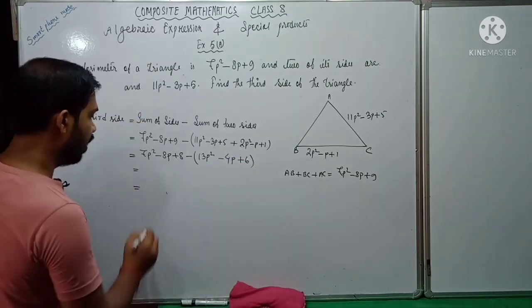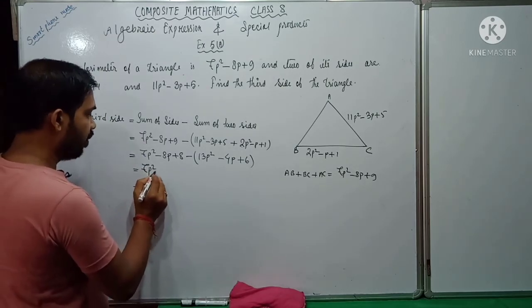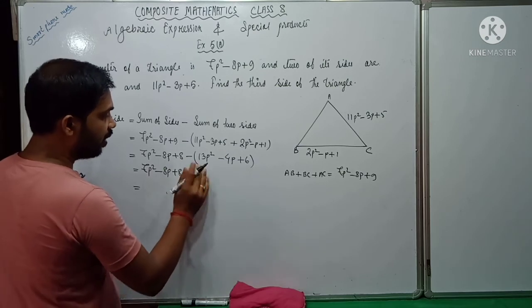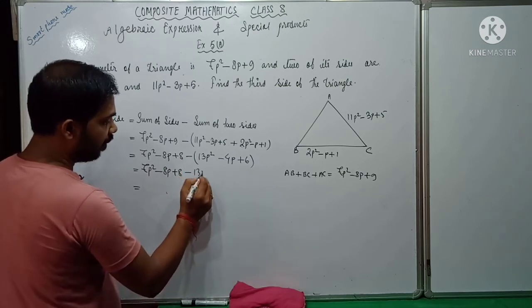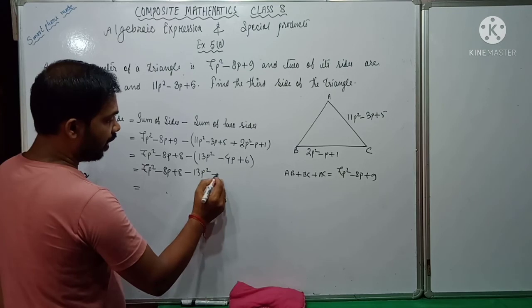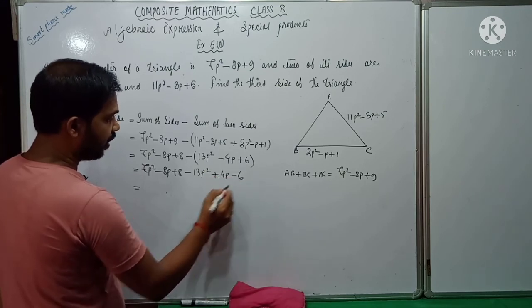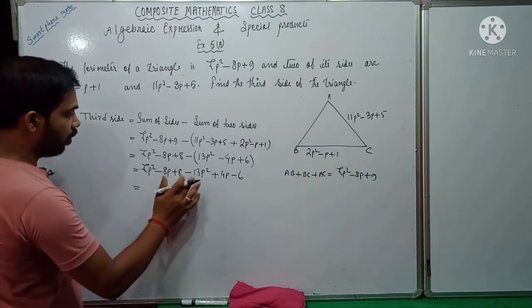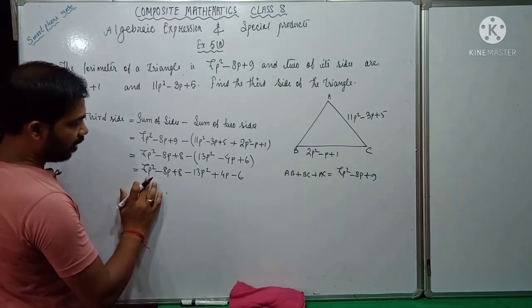Now you remove the bracket, so it will be 7p square minus 8p plus 9, then if I remove the bracket the sign will change, so it is minus 13p square, plus 4p and minus 6. Now see, from 13p square if you subtract 7p square, then how much will be left?